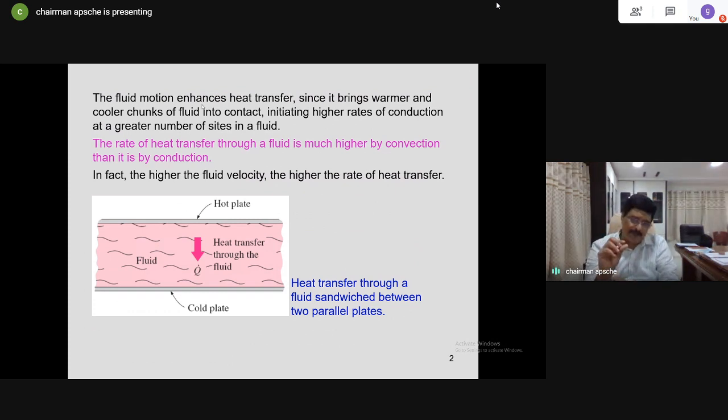So, a fluid with lower specific heat means you add a lesser amount of heat to it, its temperature increases considerably. In contrary, when the fluid has higher specific heat, you add the same amount of heat as you have added to the earlier fluid with lower specific heat. This fluid with higher specific heat, its temperature will not increase considerably.